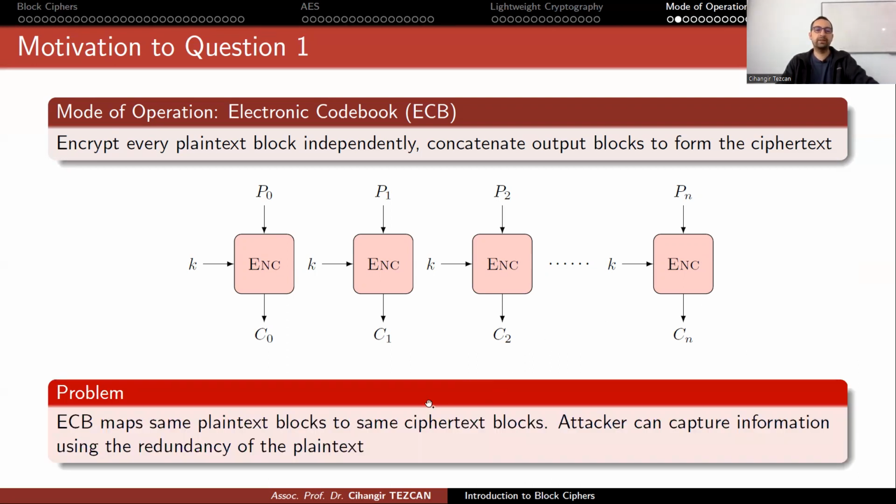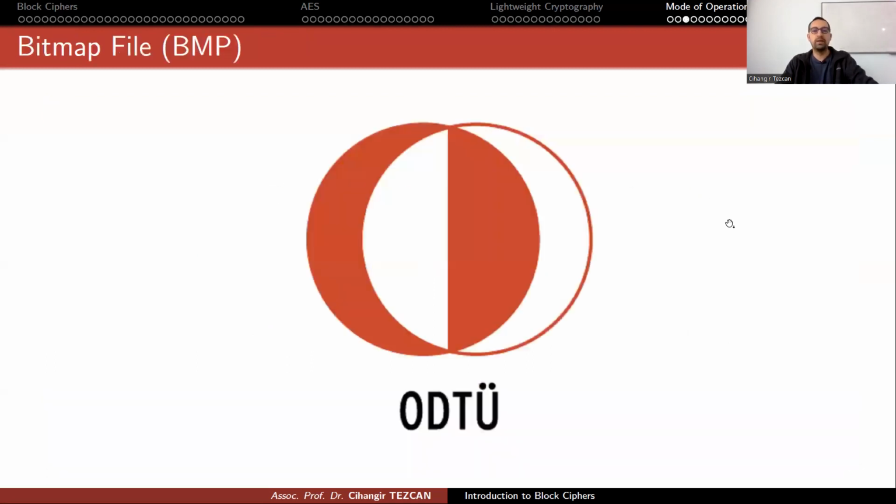ECB maps same plain text blocks to same ciphertext blocks. This means that if P0 equals P2, then C0 equals C2. An attacker can capture information using the redundancy of the plaintext. Recall that the plaintext has redundancies. So here's an example. Assume that you have a bitmap file. So this is a rectangle like this.